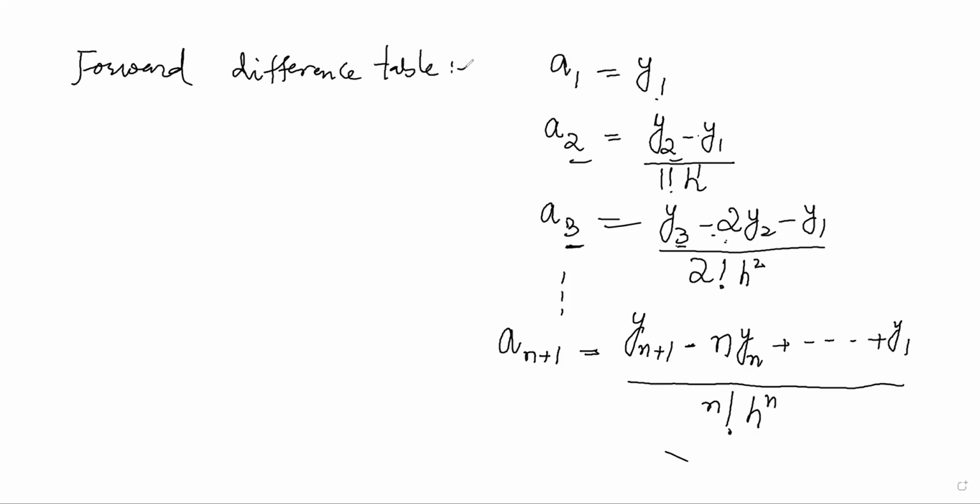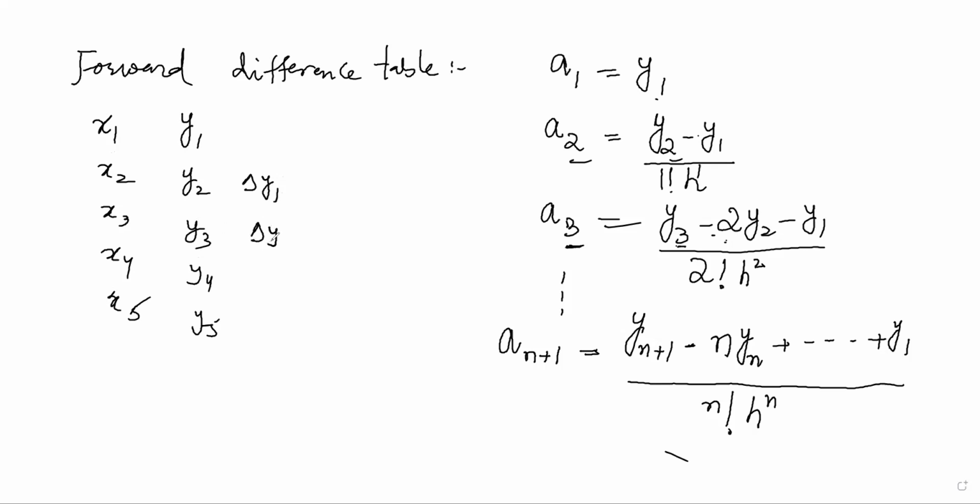In the forward difference table, we are given the values of x1, x2, x3, x4, x5, and we are given the values of y, y1, y2, y3, y4, y5. y2 minus y1 is delta y1. y3 minus y2 is delta y2. y4 minus y3 is delta y3, and this is delta y4.